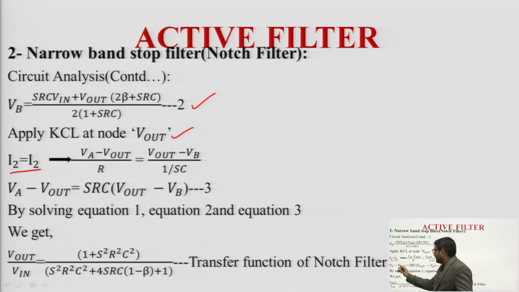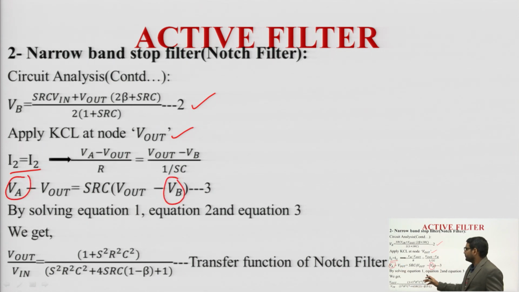Here these two terms V A and V B we already calculated. So, by solving equations 1, 2 and 3, we get the transfer function of the notch filter: V out by V in is equal to 1 plus S square R square C square divided by S square R square C square plus 4 SRC into 1 minus beta plus 1. This is the transfer function of the notch filter.